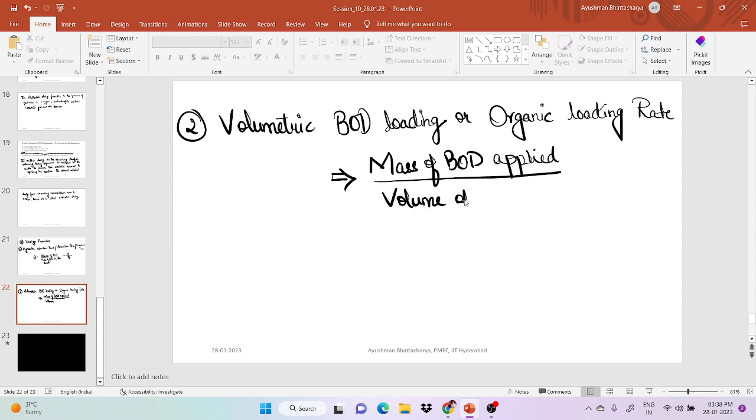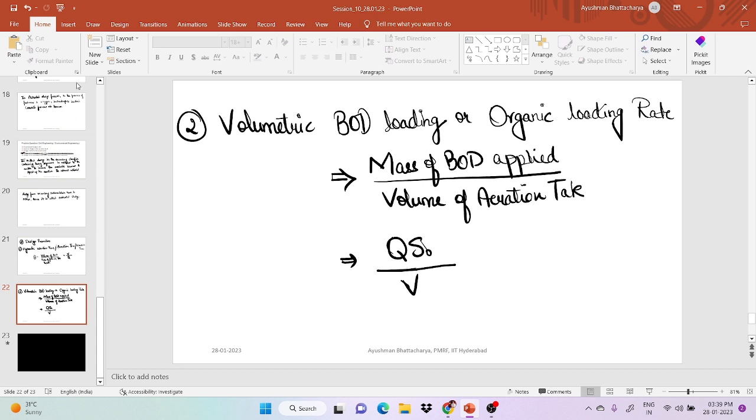If someone asks what organic loading rate is, you have to tell them: the mass of BOD applied per unit volume of the aeration tank is known as organic loading rate. So basically the formula is Q S naught, the total amount of BOD applied in the aeration tank, divided by V, the volume of the aeration tank.